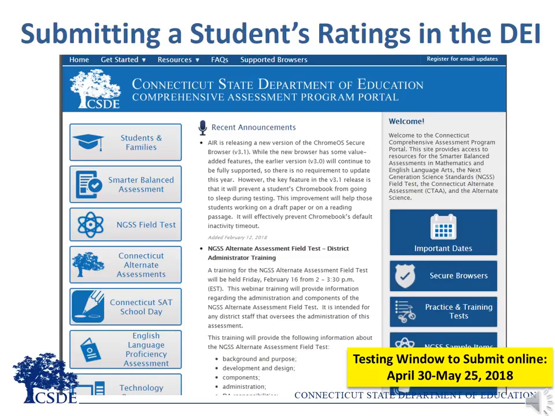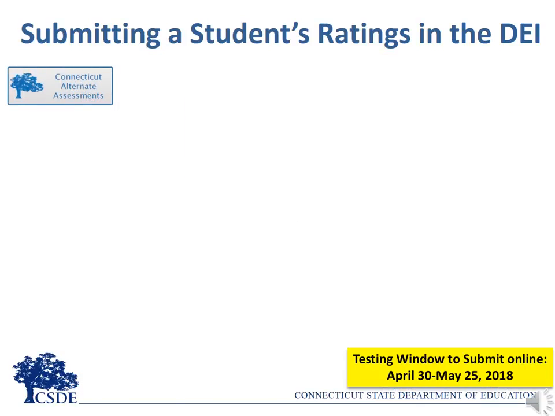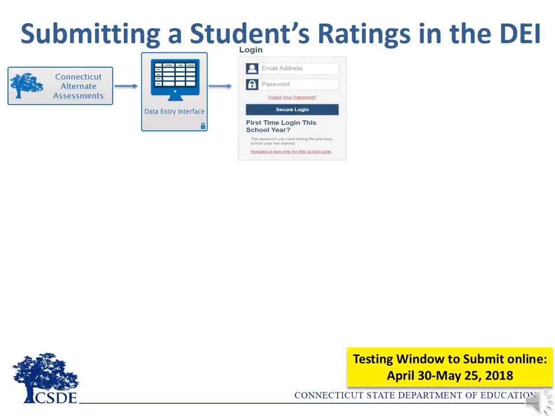Here are the steps to submit the Connecticut Alternate Science Assessment to the Connecticut State Department of Education. First, navigate to the Connecticut Comprehensive Assessment Program portal. Click on the Connecticut Alternate Assessment card. Next, click on the Data Entry Interface, or DEI, card. You will then be asked for your username and password used to access all AIR systems.